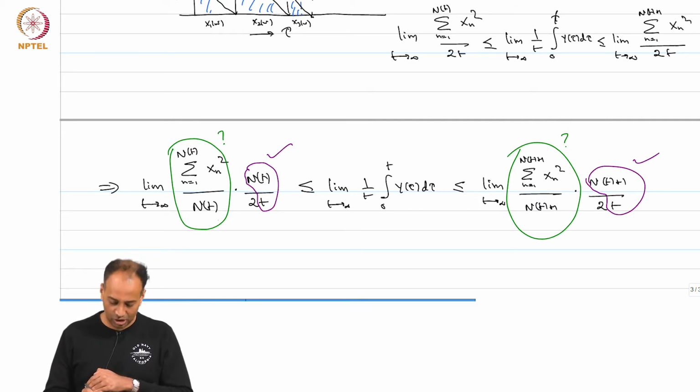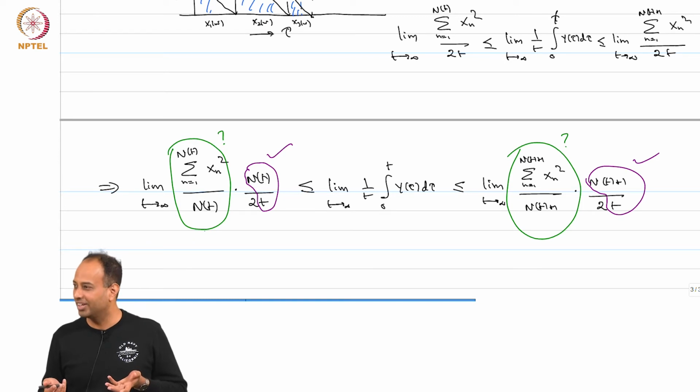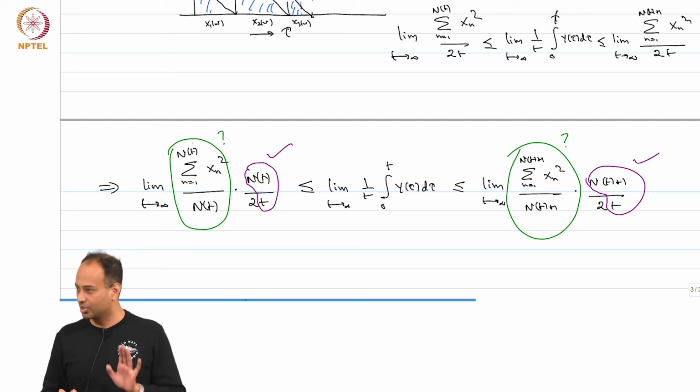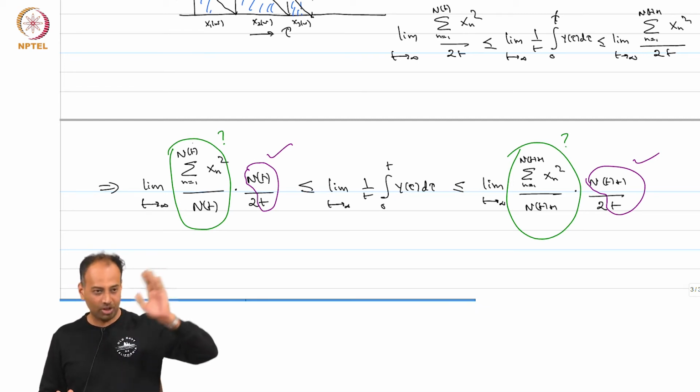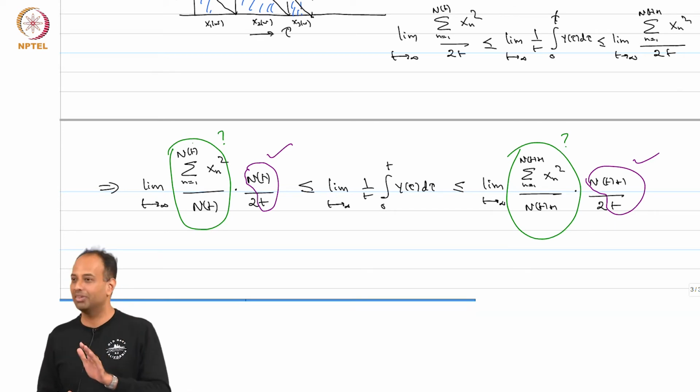So, this is like a strong law, not for X_i, but for X_i squared. X_i squares are also IID, if the X_i's are IID, correct? So, this is like a sample average for X_i squared, except the number of terms is also a random variable N(t), but we know that this random variable goes to infinity.